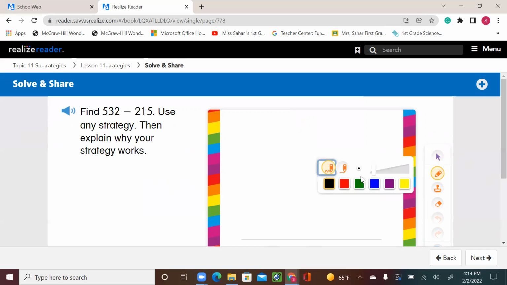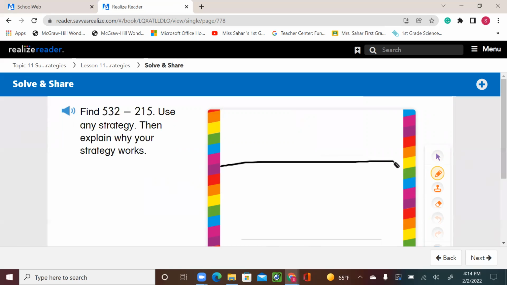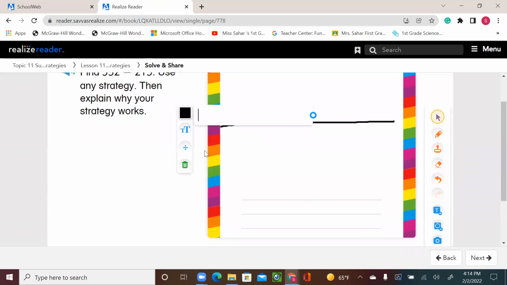So let's draw an open number line. And you know, when you count backward, you start with your greater number. So my greater number is 532. Let me write this down. 532. And I need to subtract to reach the number 215.